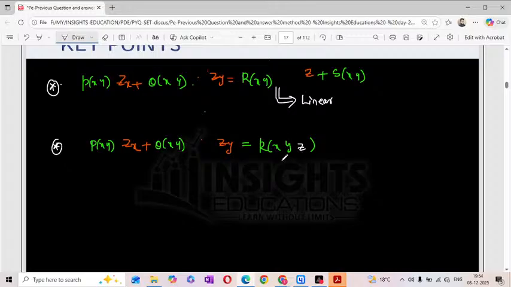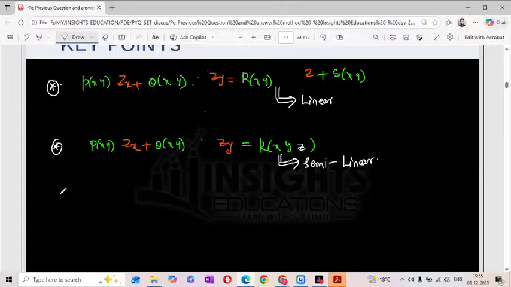That means the left side is linear, right side is non-linear. This we call off linear, which means semi-linear differential equation. Still here zx, zy must be linear, but the z is not linear in the right hand side. So that's why left side is linear, right side is non-linear. So it is the semi-linear case.